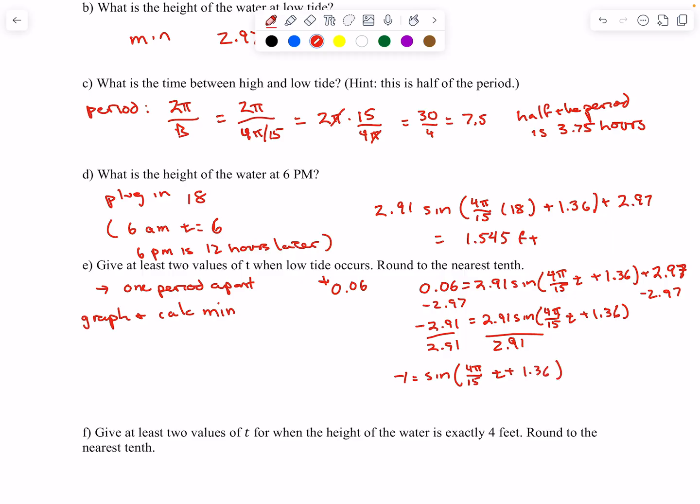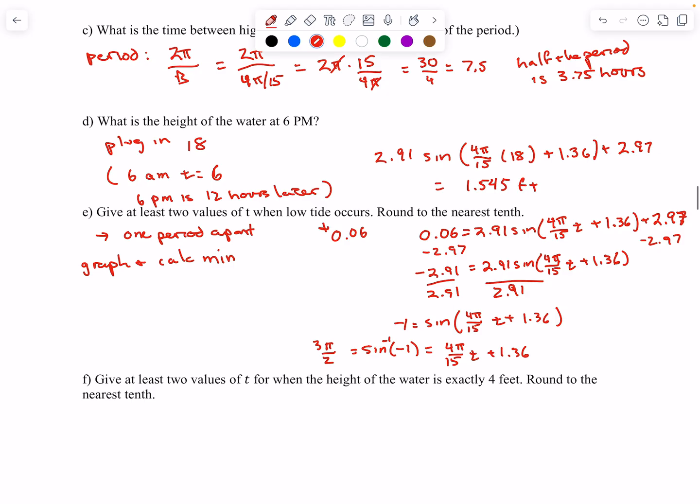Okay, what is the arc sine of -1? The arc sine of -1 on your unit circle is 3 pi over 2. So I'm going to subtract 1.36 from it. Let me do that in blue. This problem is bug ugly if you just don't do calc min, but we can do it by hand.